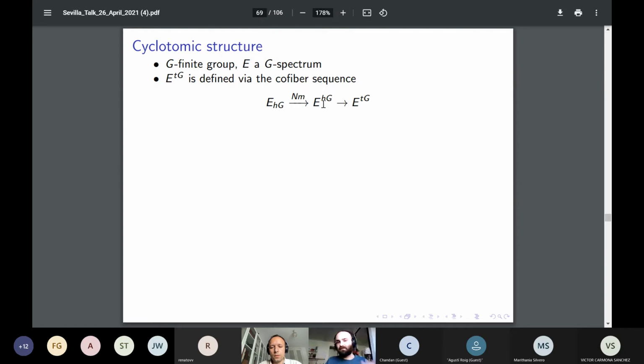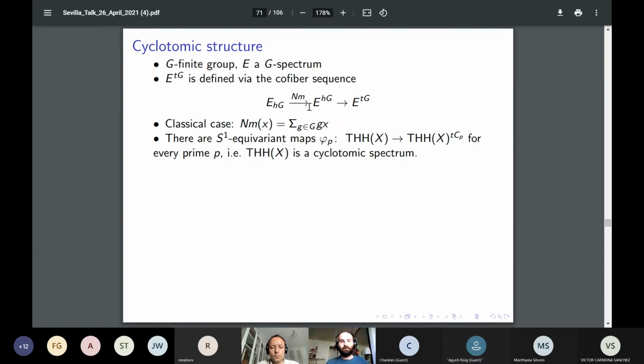So this is kind of like completing this map to a short exact sequence, very vaguely speaking. If you're wondering where this normalization map comes from, if E was a discrete G-module, then there's a map from orbits to fixed points given by this formula. One can easily see that this sum is invariant under the action of G, so it lands in fixed points. And one can make sense of this for spectra and obtain this map.